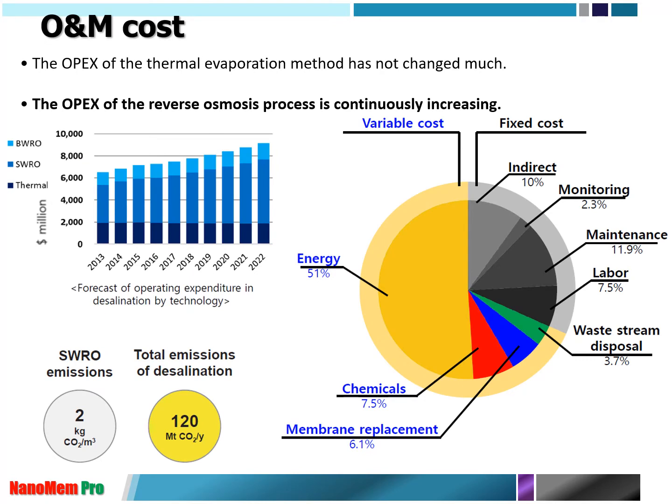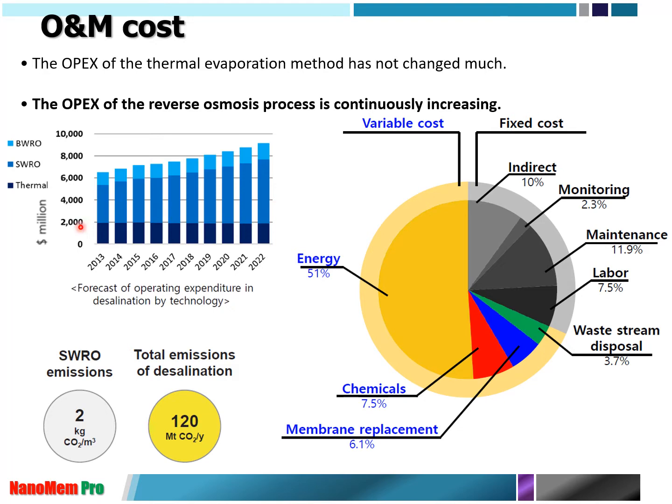So let's look at why it's becoming more dominant because of operating and maintenance cost. So you can see that the OPEX of the thermal evaporation method has not changed much for last 20 years. And then OPEX cost of reverse osmosis, yeah, it's continuously increasing, and because there are more SWRO plants are made, and we need more operating cost.